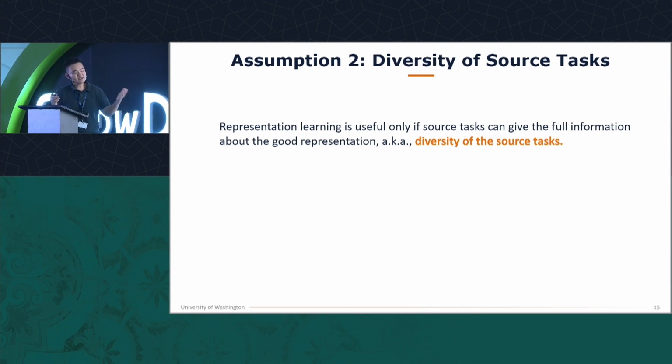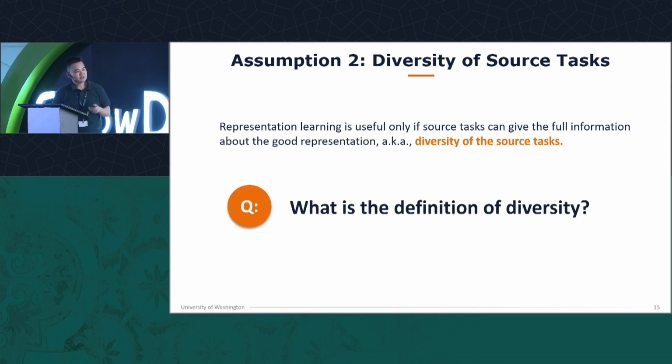For the previous example, the source tasks should somehow cover the entire first 100 digits of information in order to learn the entire good representation, and that's why it can transfer to any target task in the downstream stage. So here we need to give a formal definition of diversity, which should capture this intuition.